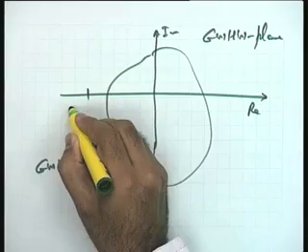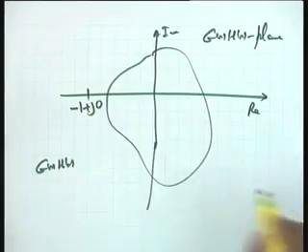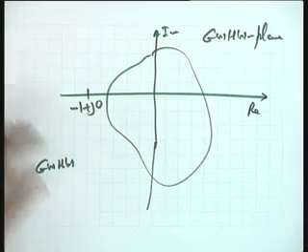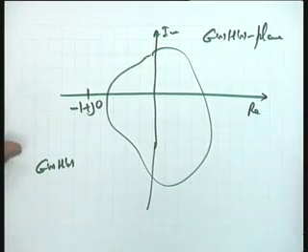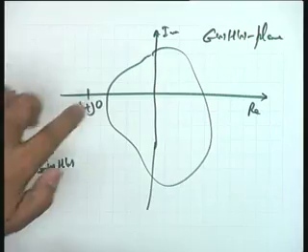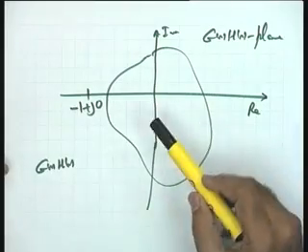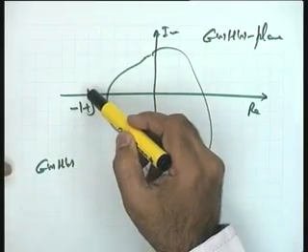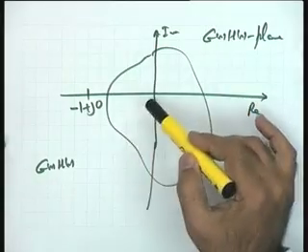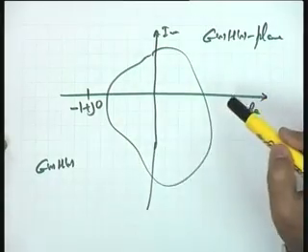This is the real axis, this is the imaginary axis of the GSHS plane, let me call it, and the crucial point is minus 1 plus J0, because the shifting has been done. Instead of the plot of 1 plus GSHS, now I am making a plot of GSHS only. This is the crucial point, minus 1 plus J0, and I count the number of encirclements of this particular point by this plot.